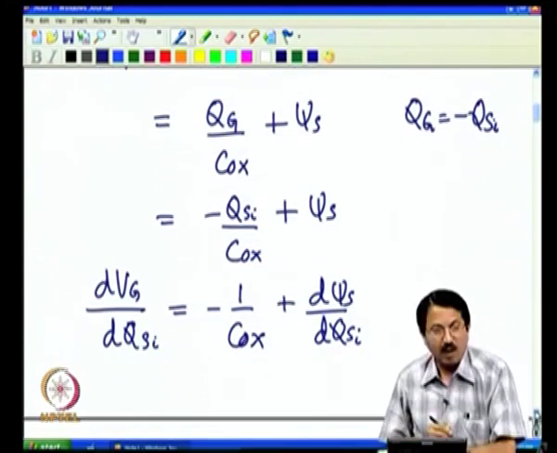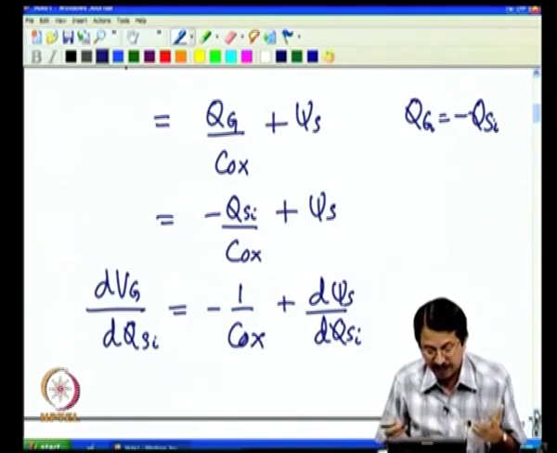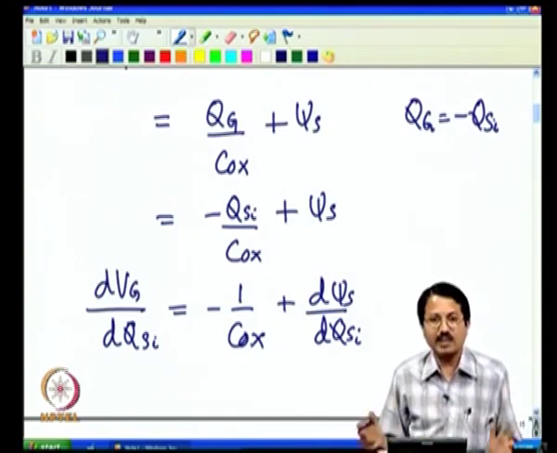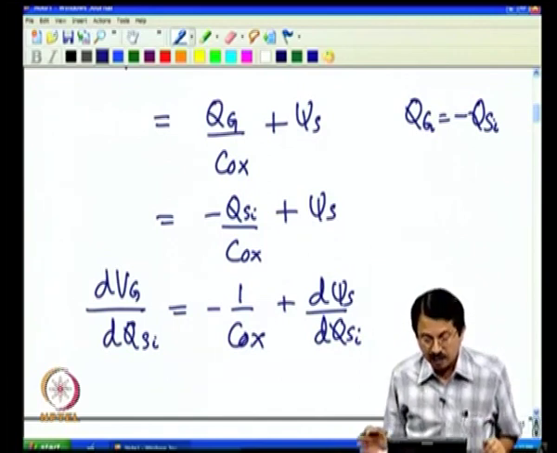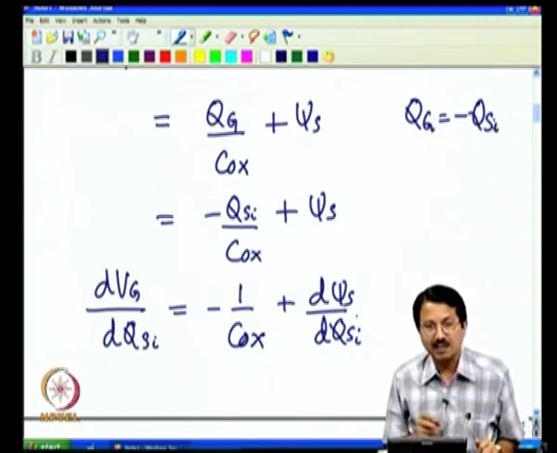Now, this is interesting. What we are defining now, see, this Cox is an insulator capacitance. Now, these two quantities are really the total gate capacitance and the total silicon capacitance.